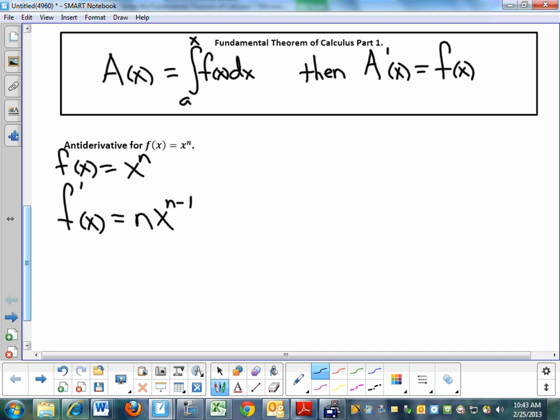So to find an antiderivative, instead of writing prime, we write an uppercase F. We increase the exponent by 1, and we divide by the exponent plus 1. And that's where we're at.